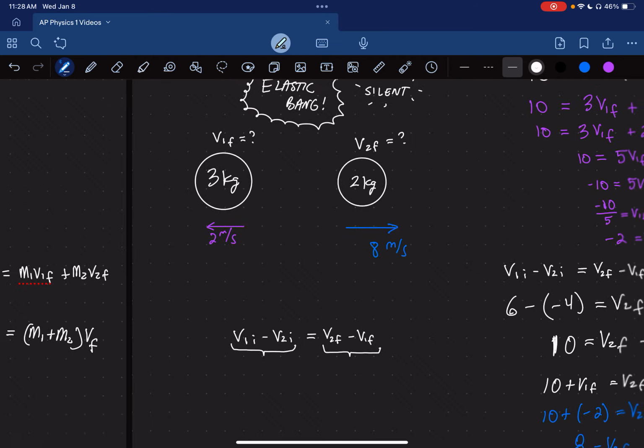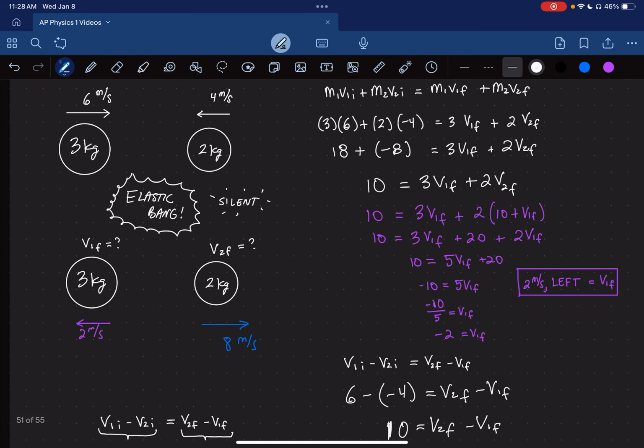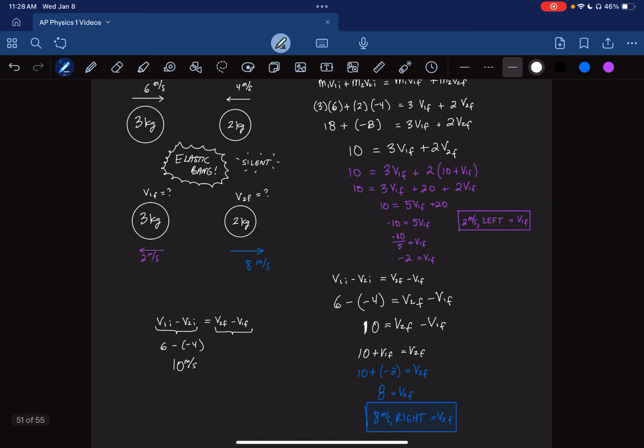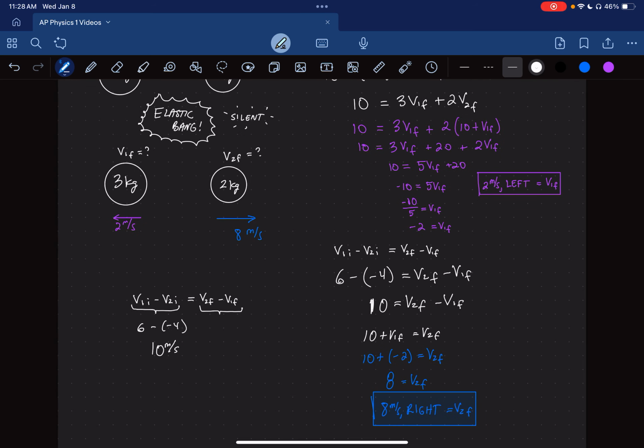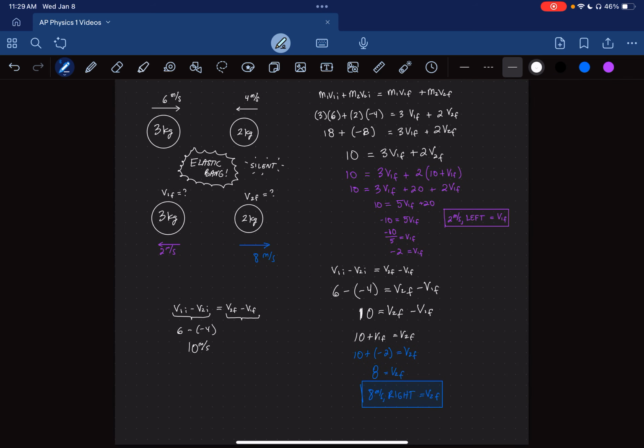V1I minus V2I. Well, V1I is positive 6, and V2I is a negative 4, and that is 10. And these are velocities, and so that's 10 meters per second. And so what does that actually mean? What does 10 meters per second mean?